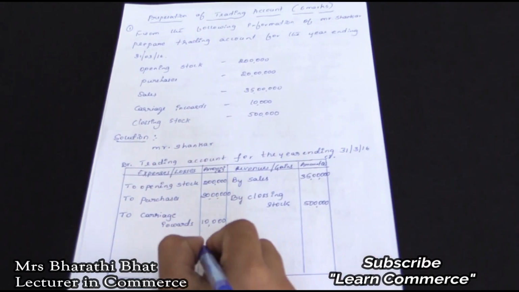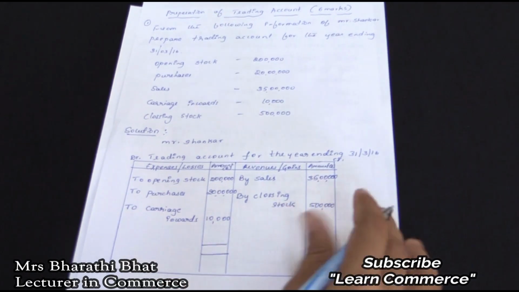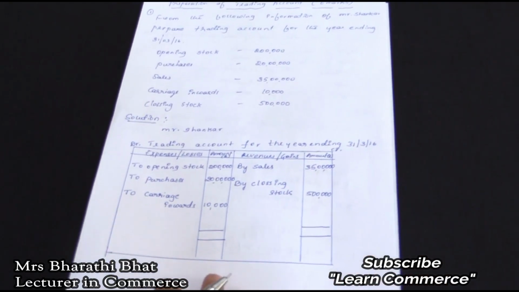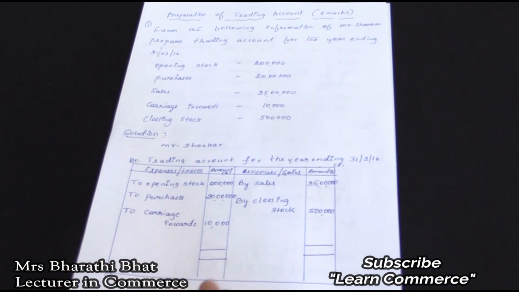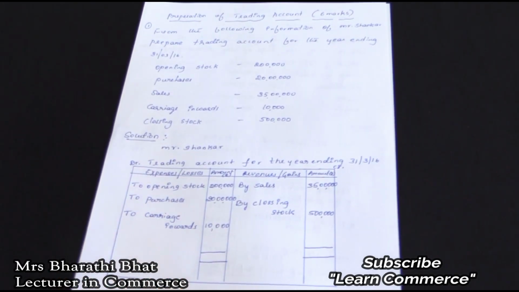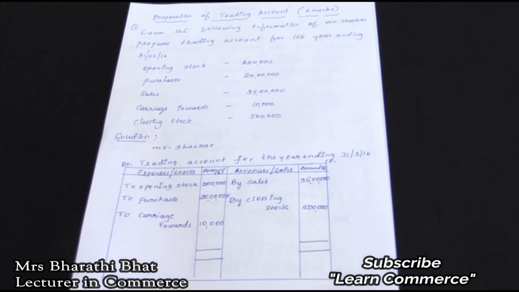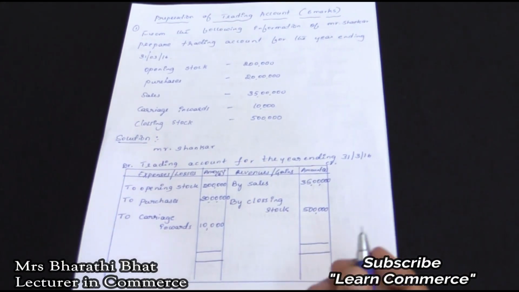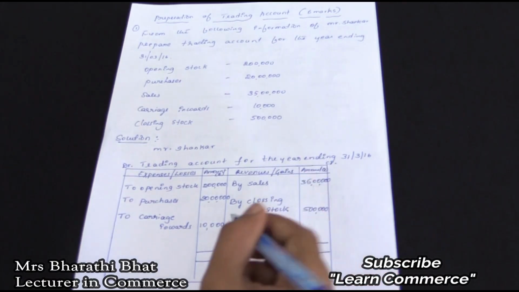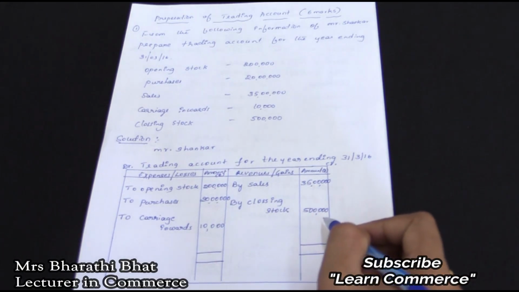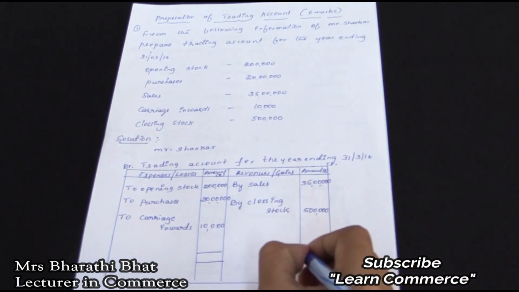And the next step is totaling. We know that if the account is not showing the equal balance, then we should write the total, means the greater amount, on both sides. Here, which side shows greater value? 35 lakh plus 5 lakh, 40 lakh.